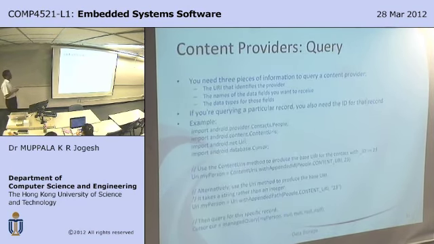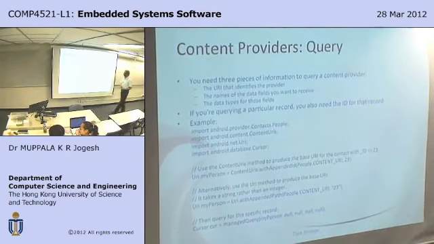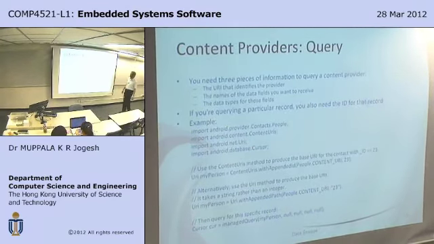For querying, you need three pieces of information to query a content provider: the URI that identifies the provider, the names of the data fields that you want to receive, and the data types for those fields. Because if you do a query, you need to know what is being returned in those fields. As an example, if you are querying a particular record, you need the ID for that.